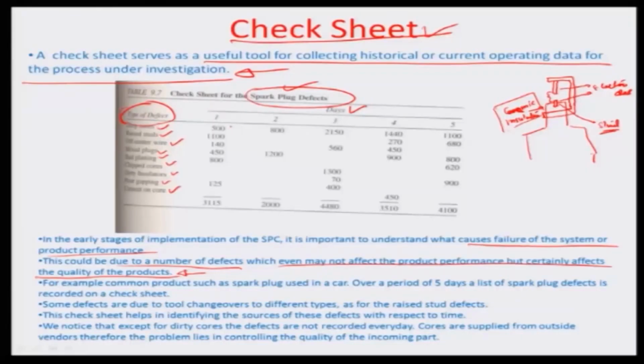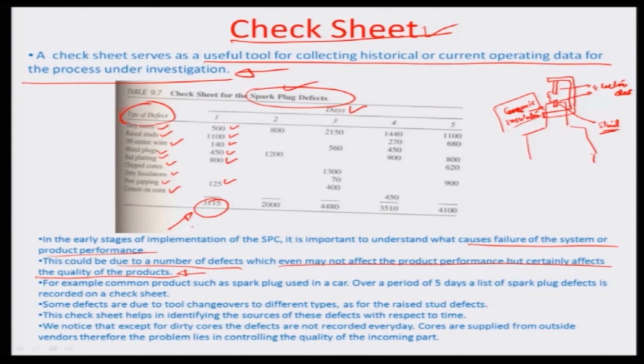And so he has actually on the day 1 recorded, for example, 500 dirty cores, 1100 raised studs, 140 cases of off centered wires, about 450 mixed plugs, and then about 800 of bad plating, and then obviously 125 of poor gapping. So in total, out of whatever number of spark plugs have been produced on a given day, he has recorded about 3115 defects of different kinds.